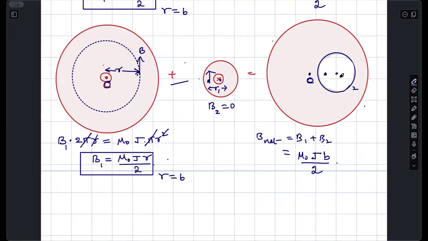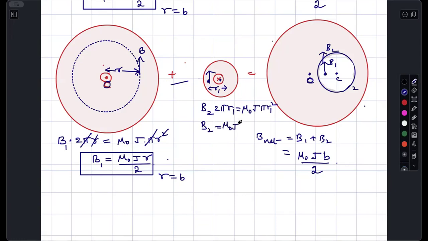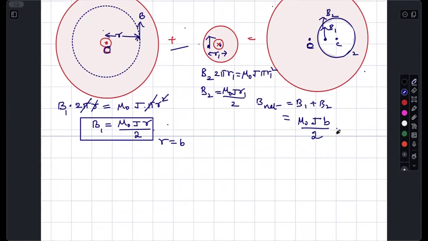Here is the point. This is C. At this point, here is your B1, and again here is your B2. Here B2 is not 0 now. Can you please help me in writing B2? B2 times 2 pi R1 is mu naught J pi R1 square. So B2 is mu naught J R1 by 2. Now you take the point over here.